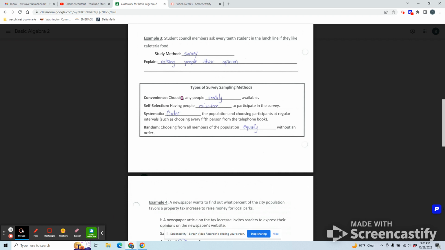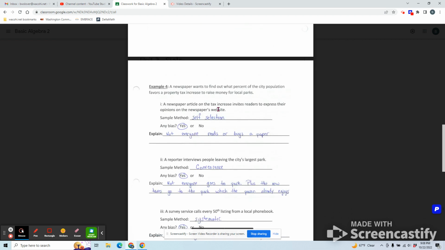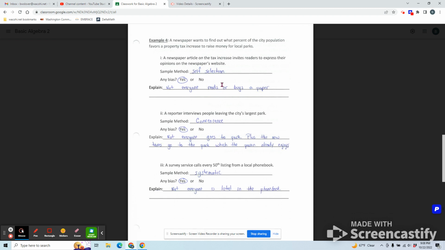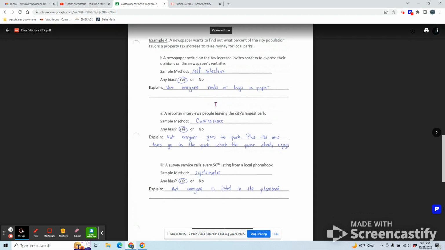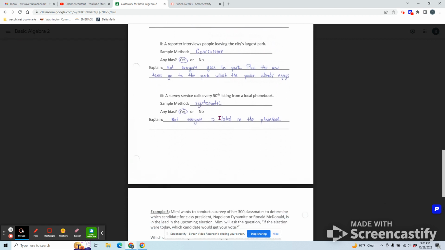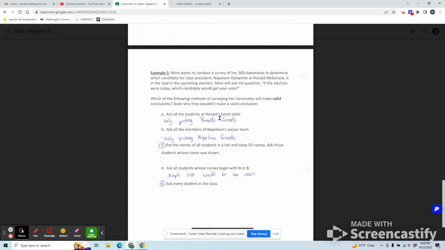And then a random survey, choosing from all members of the population equally, without order. So you're just asking people randomly. And down here, this is the same thing as before. You're just reading through and figuring out what type of survey they're talking about. So you can read through that on your own.